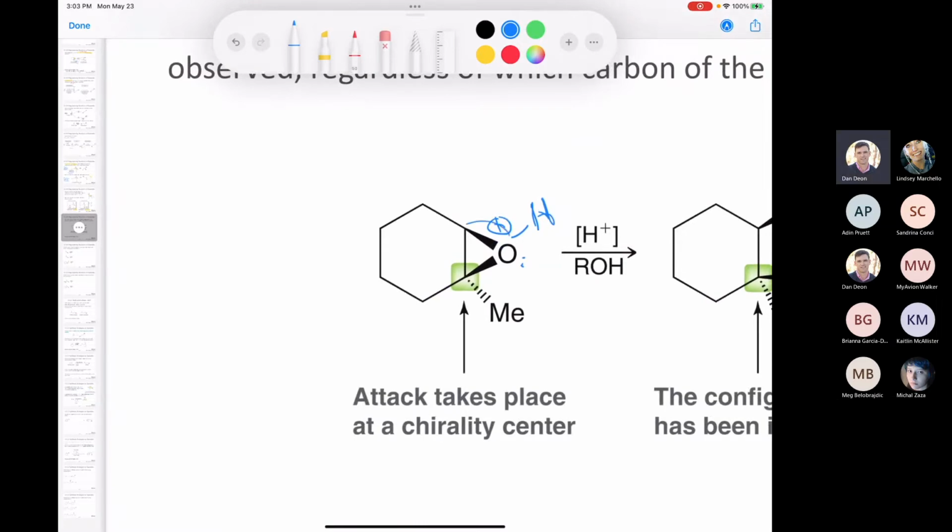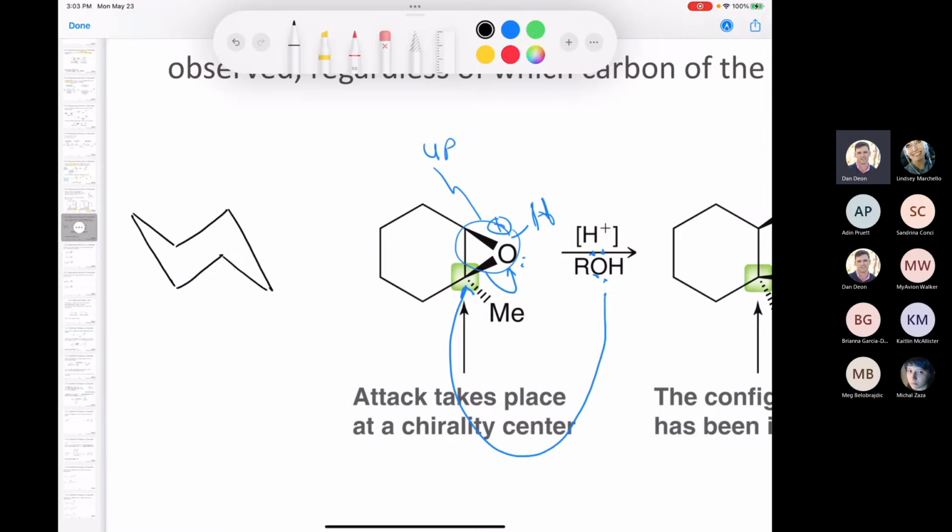And since the epoxide ring is pointing up, it doesn't matter that the methyl is pointing down. Once it's protonated, the alcohol, which would be the nucleophile, is going to attack from the bottom face of the molecule, like this.